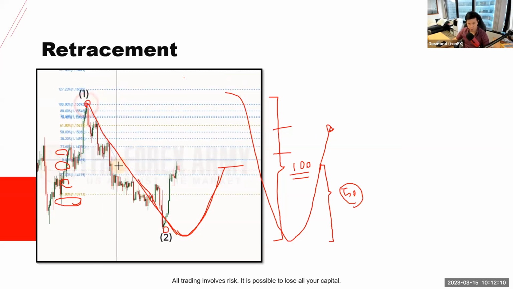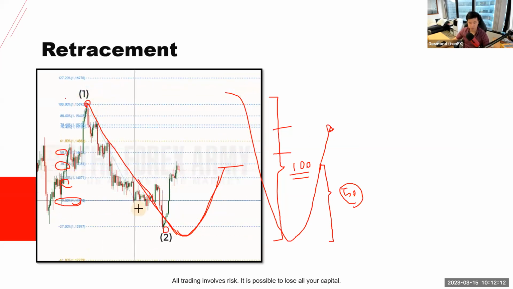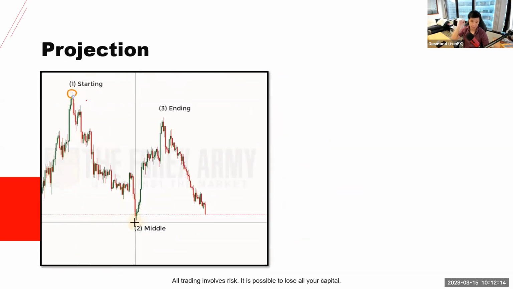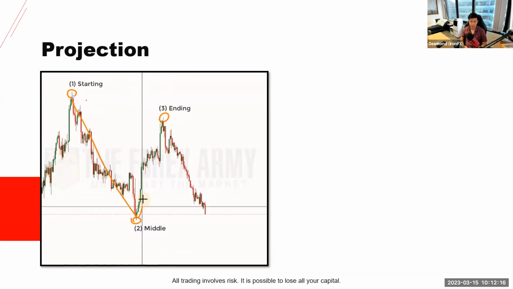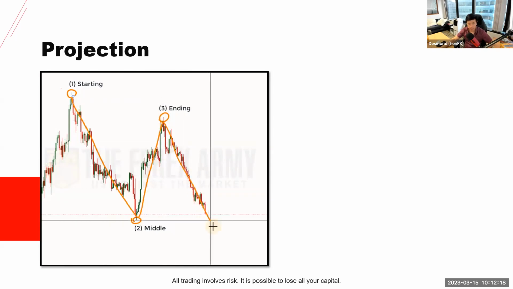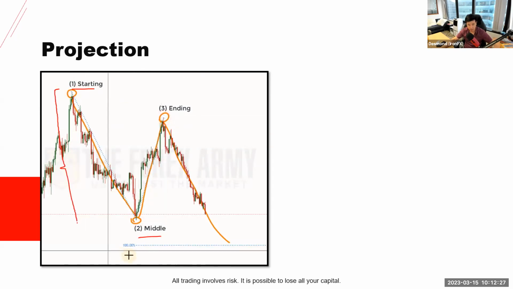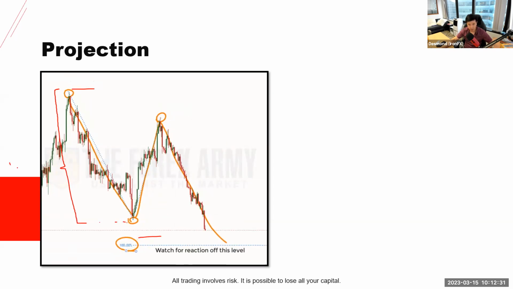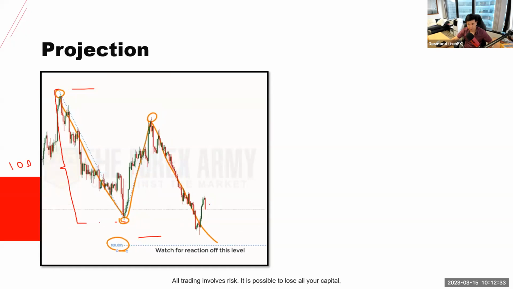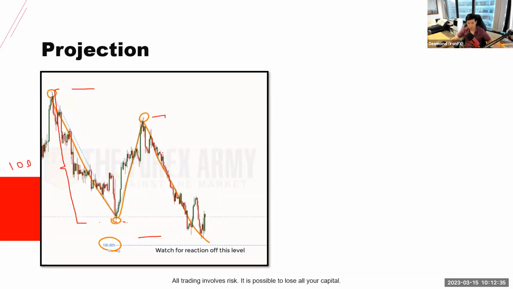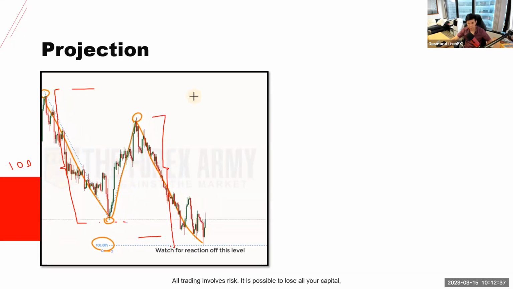Now, the next thing we do is Fibonacci projection. Fibonacci projection is a little bit more complicated, but it basically means you see the starting point here and the middle point. You take the distance from the starting point to the middle point, let's just say the distance is 100 pips, and you project it onto here, which is another 100 pips.